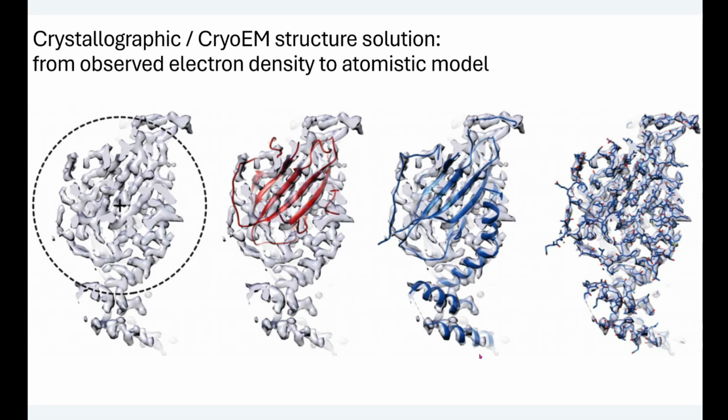This process is called refinement. Getting from left to right is called refinement of crystal structure, protein structure in this case.